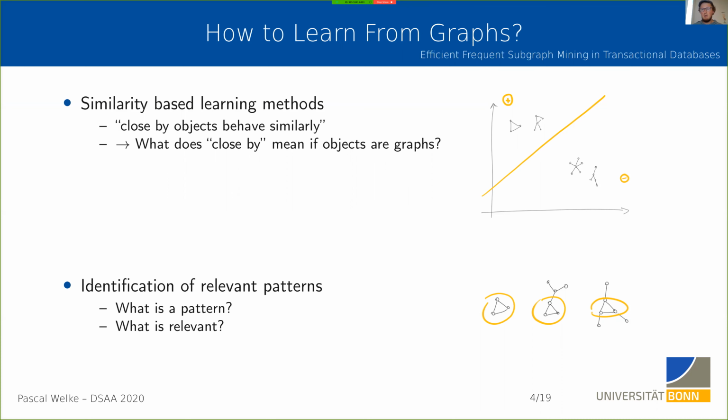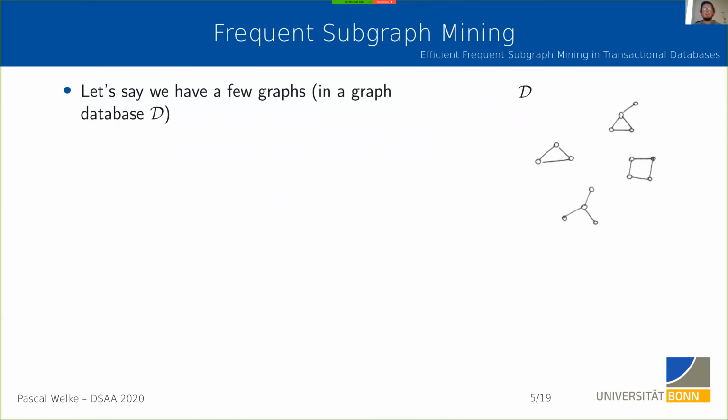What exactly would you consider to be a pattern? And what is the notion of relevancy that you want to consider? Frequent subgraph mining, or frequent subgraphs in this case, are a notion of relevant patterns that you can use for these two tasks before, and are defined as follows.